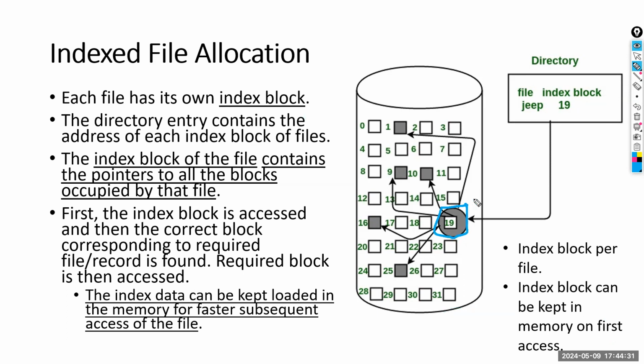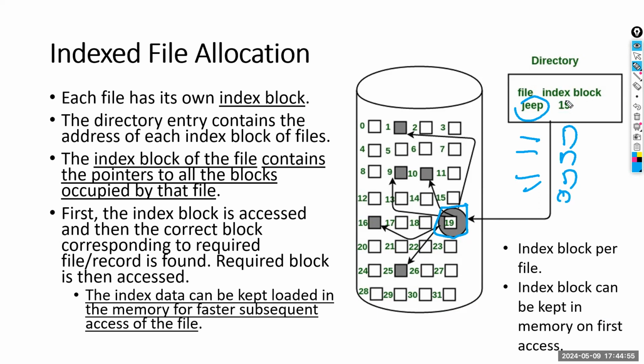For each file, there's an index block, and that index block has the index values for that file. Okay, so this is for a file called Jeep. It just keeps track of what the index block is.